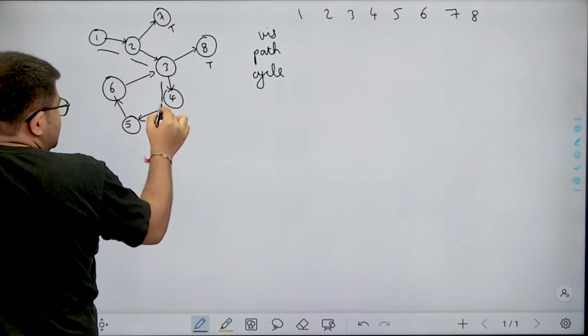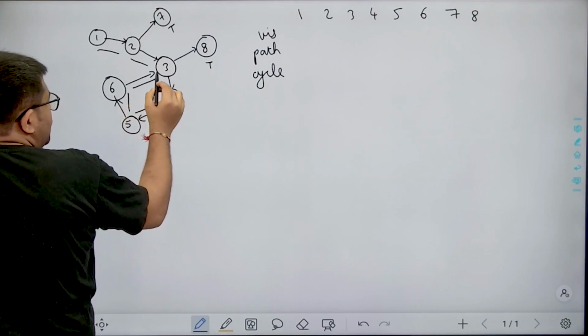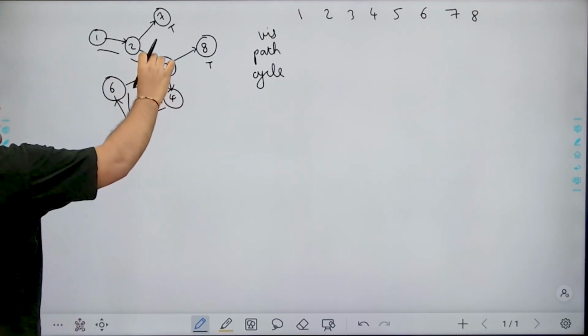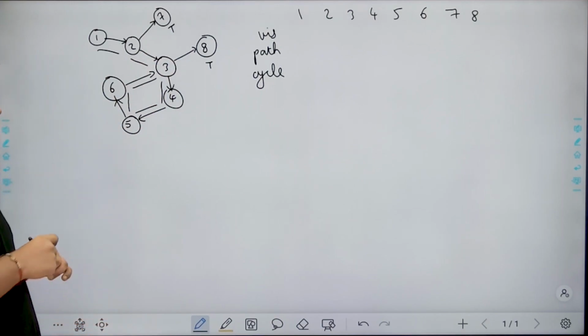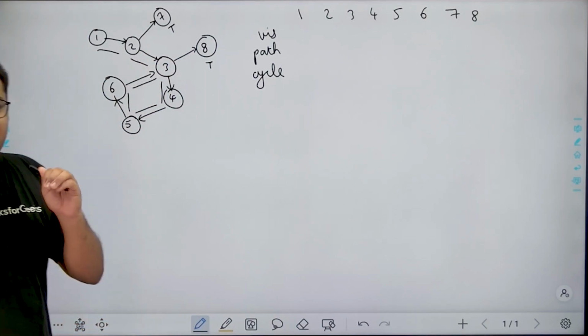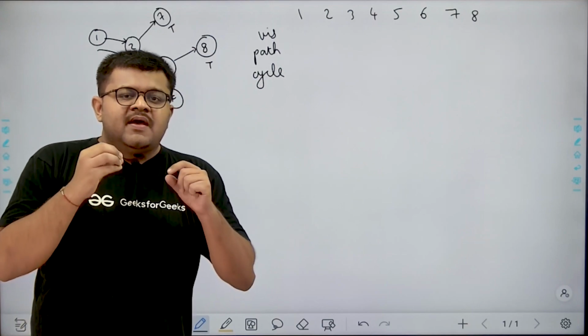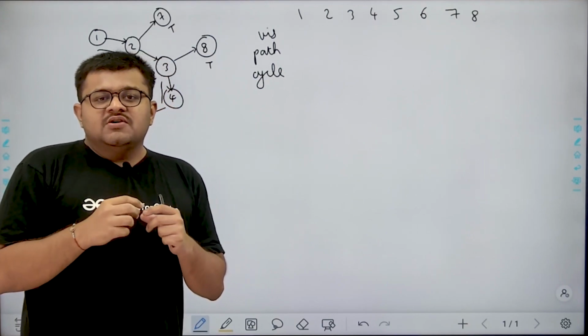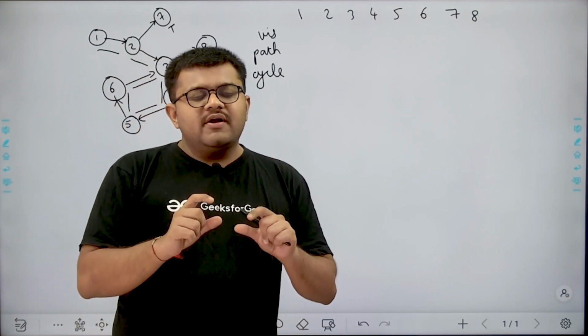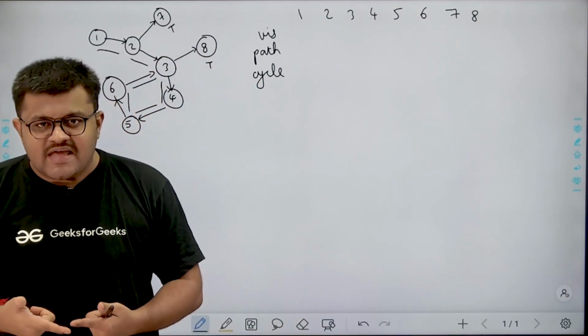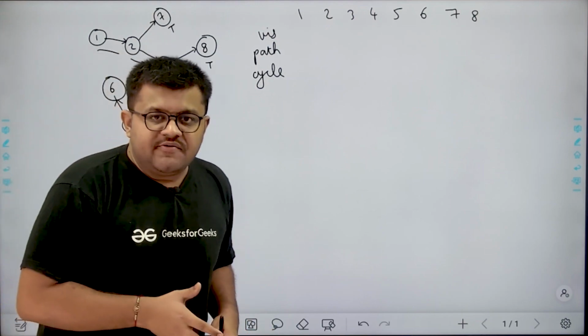Now I can traverse that cyclic path and I will not end at a terminal node, because the nodes which are a part of the cycle are not terminal nodes. Okay. So the conclusion is, if a particular node has a path which reaches a node of a cycle, or a node is itself a part of a cycle, then these are not safe nodes.